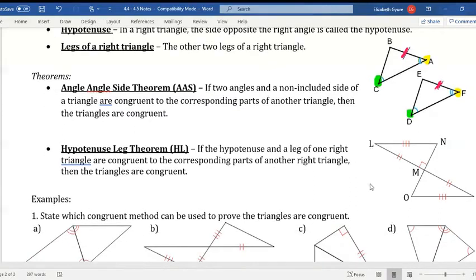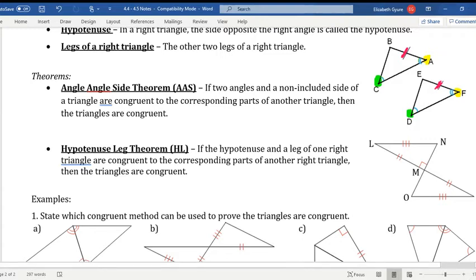And then hypotenuse leg. Remember when I told you there's no ASS theorem? Here it is. No, I told you it only happens if, huh? Of course I did. Well, I didn't. I mean, the geometry community did, I guess. Because I told you guys, I don't know if you remember or not, it only works for a right triangle.